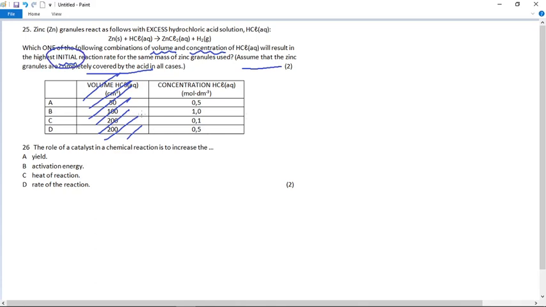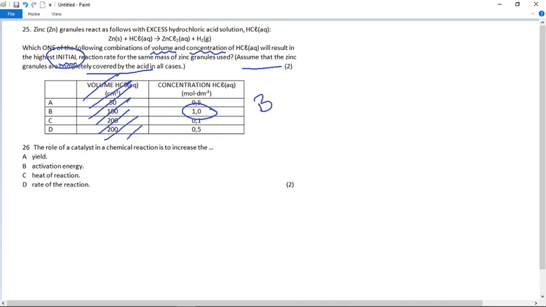If we've got a higher volume of the same concentration, the reaction can carry on for longer, but the initial reaction rate is only going to depend on concentration. Increasing concentration increases reaction rate. So the answer here is B, because that one has very obviously the highest concentration of hydrochloric acid, which means the highest concentration of protons ready to react.